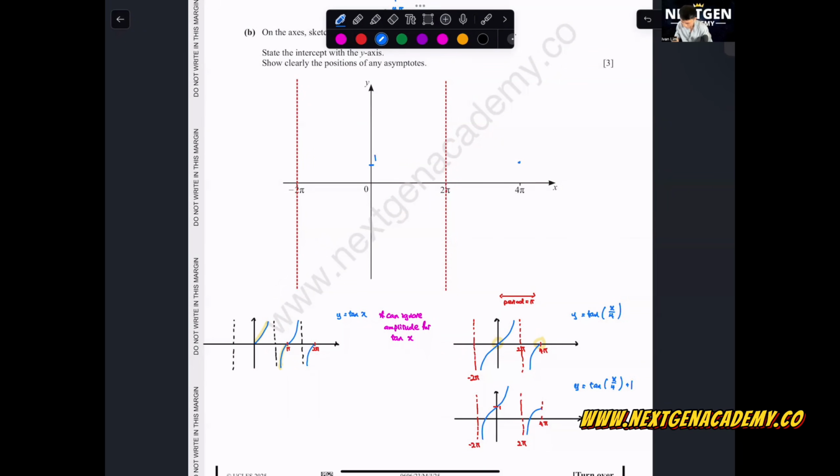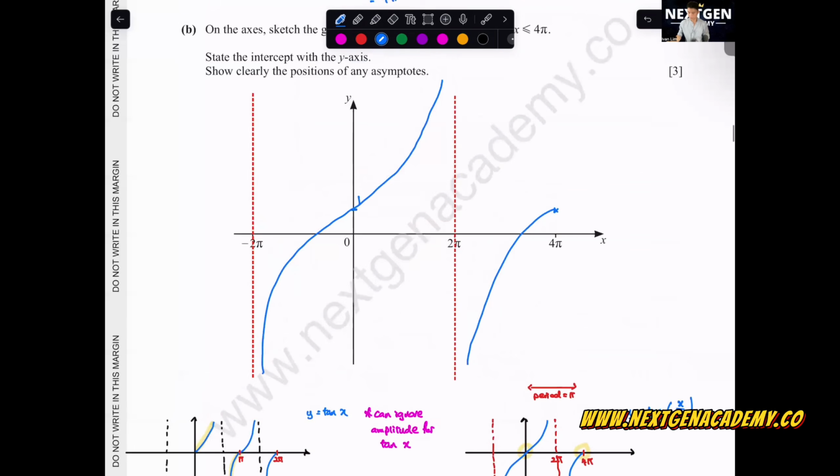It will end up over here. Same level, right? Okay, draw this, like this. Anything else we need to label? That's all. Okay, this is how we get the 3 marks.